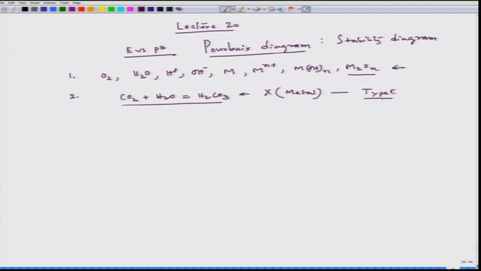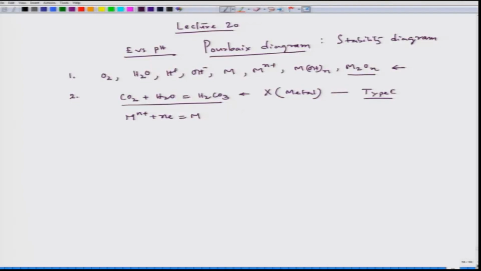So, this is type 1 reaction. Now, type 2 reaction, for example, for a metal, I can have M^n+ plus ne equal to M, where M is the metal, and since I do not know the oxidation number, I write n plus. For example, if it is copper 2 plus going to copper, n becomes 2; Fe 3 plus going to Fe, n becomes 3.